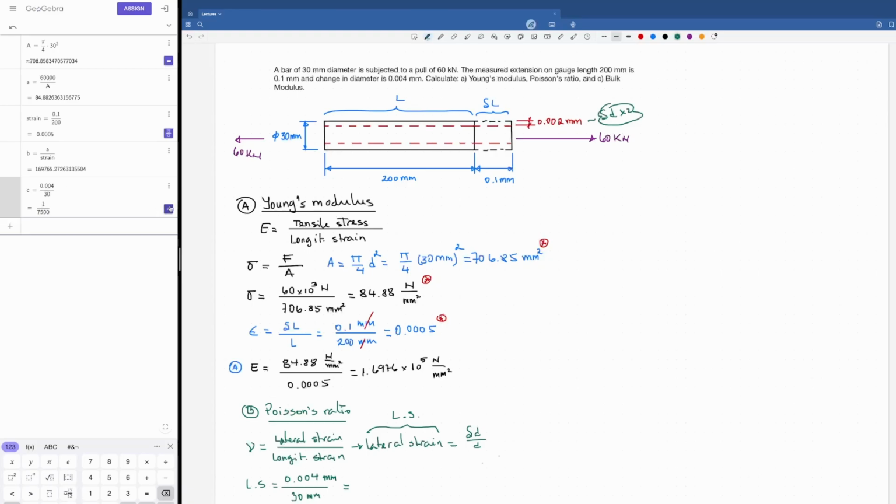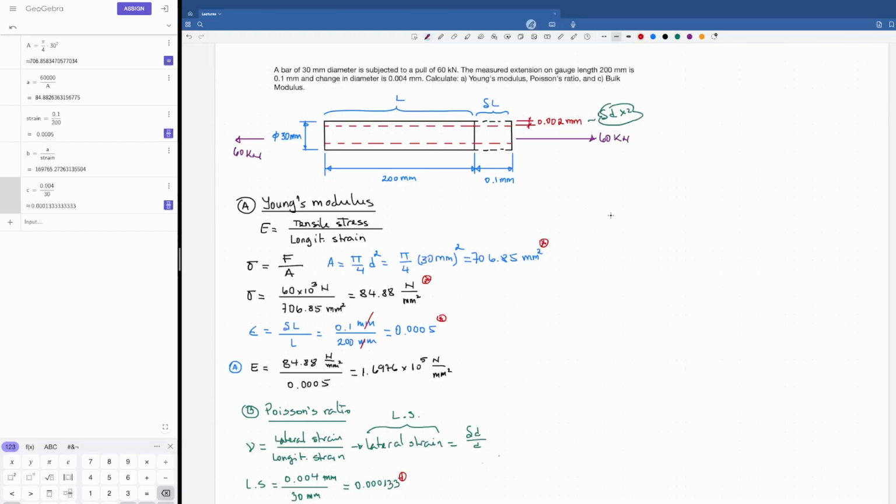And that's giving me 0.000133. Let me write it down here, 3 zeros. So 0.000133. Is that correct? Yes. No units because this is non-dimensional.